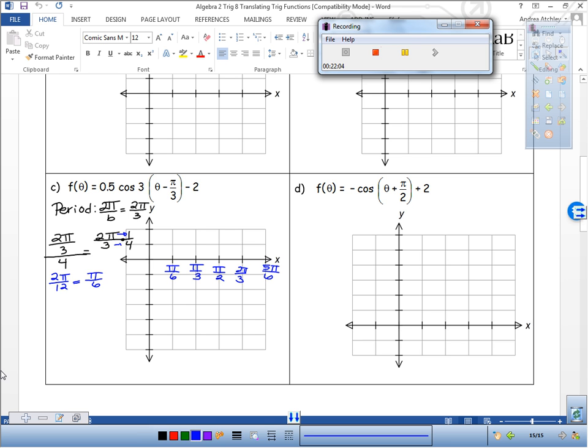If this was rough to follow along, you might have to write down this is pi over 6, this is 2 pi over 6, and then reduce it below it. That's fine. I've just done this a few times now, so I'm good with my fractions.